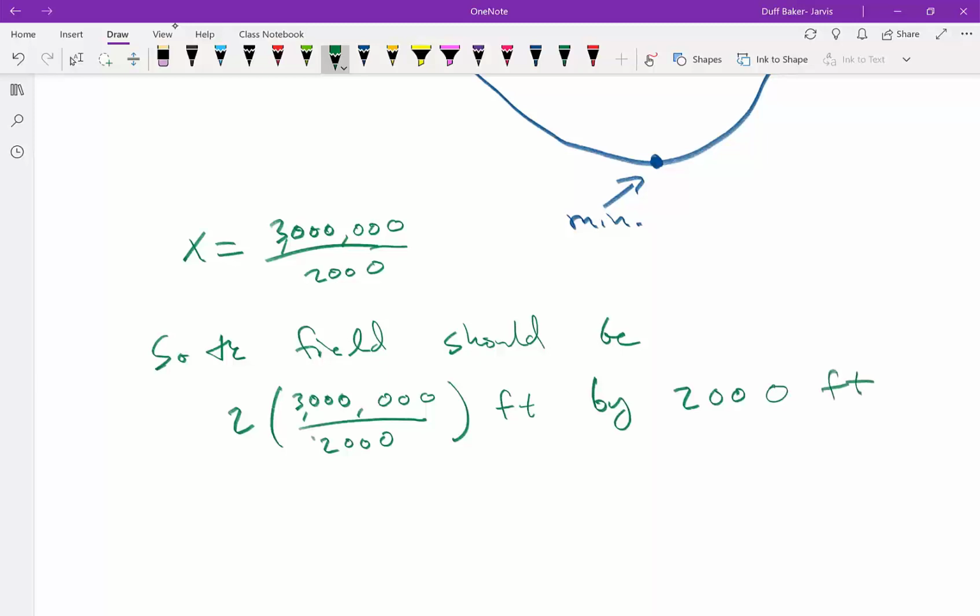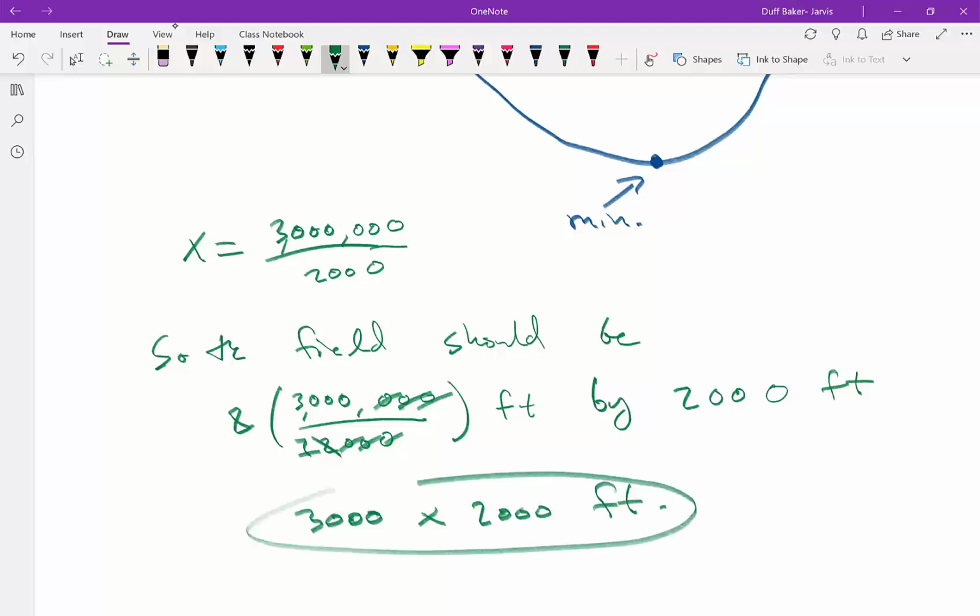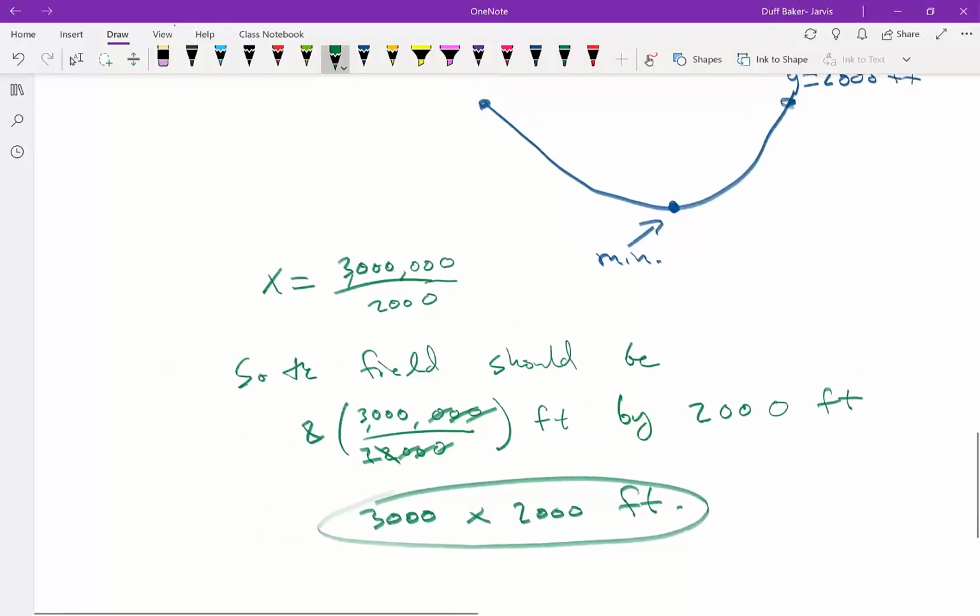And I think this simplifies, right? You could cancel a 2 and cancel a bunch of zeros. So it's 3,000 by 2,000 feet. Okay. Okay, so any questions about this one?